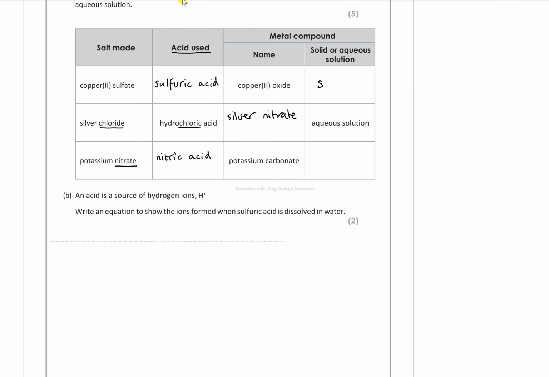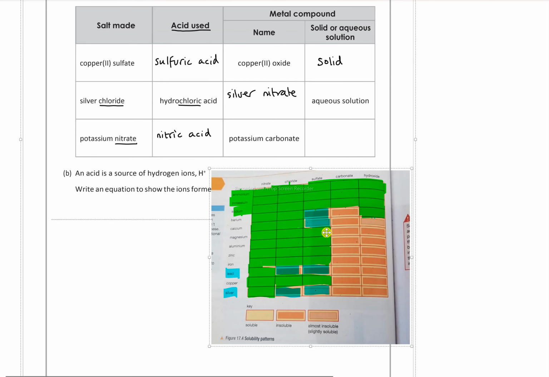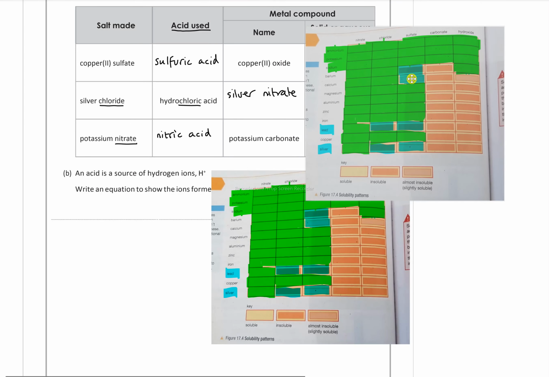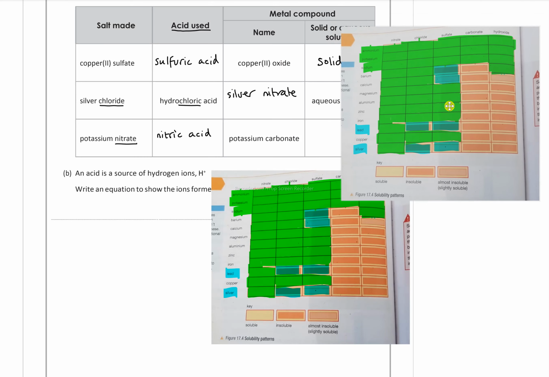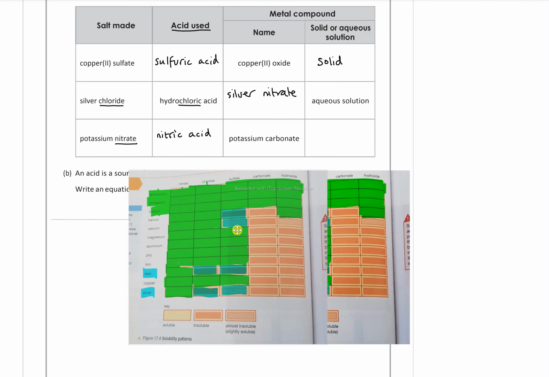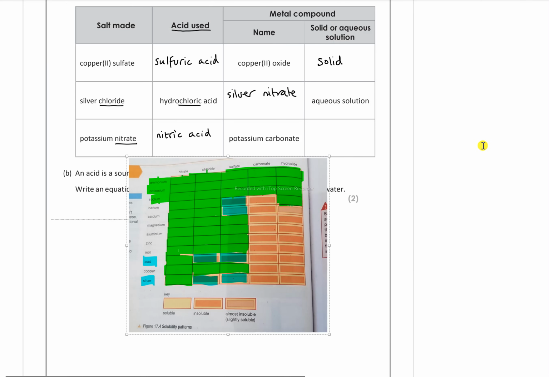Right, it's a sulfate, so it will be solid. Just bear with me one second. Okay. I should have just left it there. So you've got potassium.